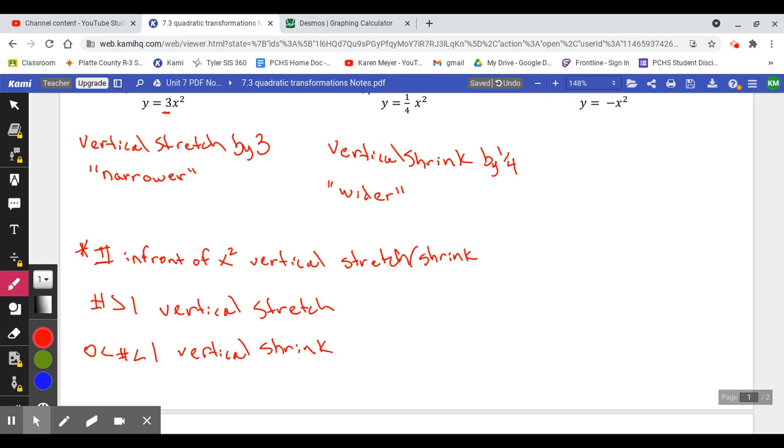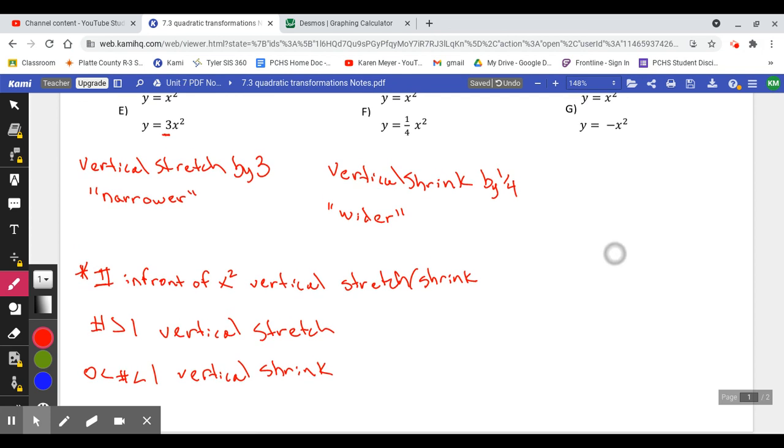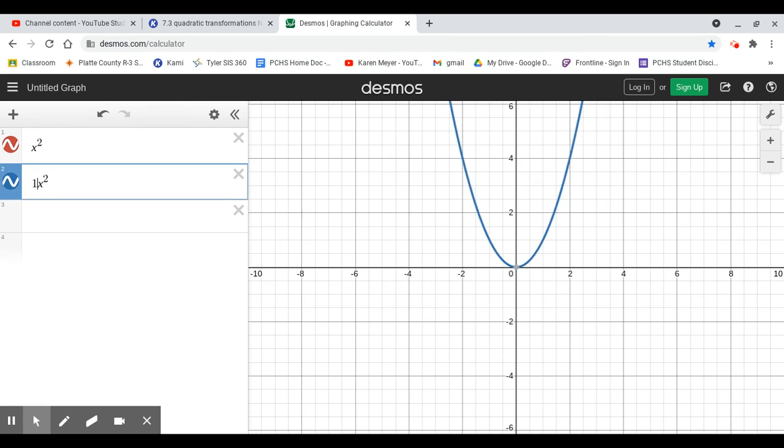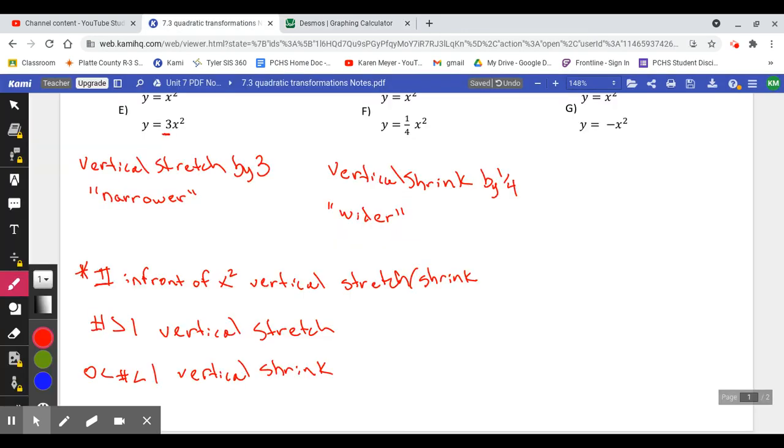Okay, and then the last thing we have to deal with is one that has a negative in front. So if I come here and I get rid of this and I just put a negative in front, hopefully everybody notices, oh, well, instead of my U opening up, my U opens down. And if my U opens down, that's what we're going to call a reflection.